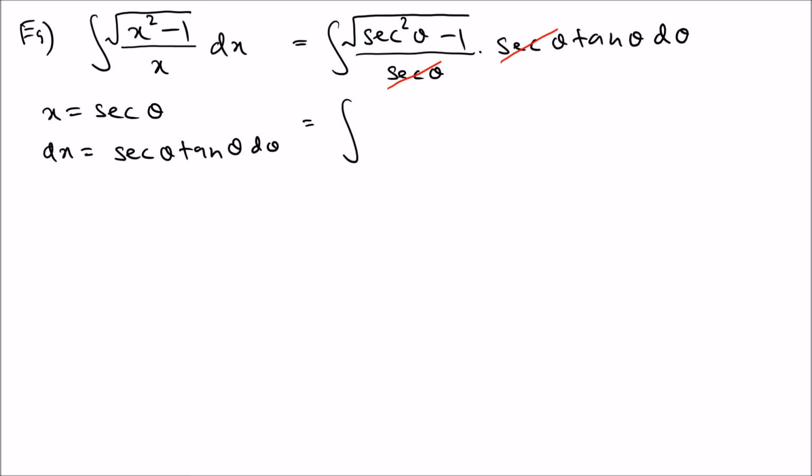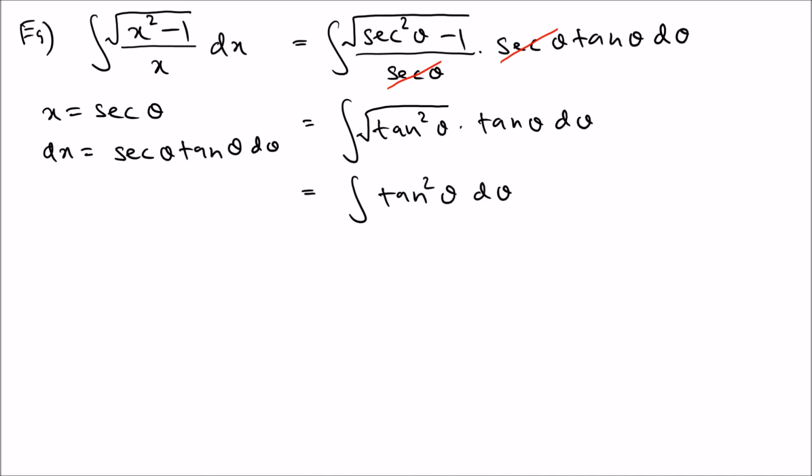So you get the square root of secant squared theta minus 1, which is tan squared theta. I'm going to write a few extra steps here, but you can skip this. And we have tan theta d theta, and you can see this is simply tan squared theta d theta.